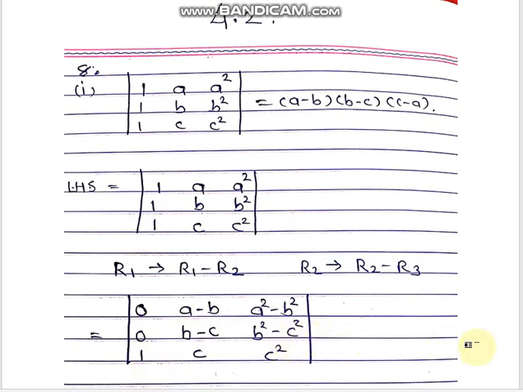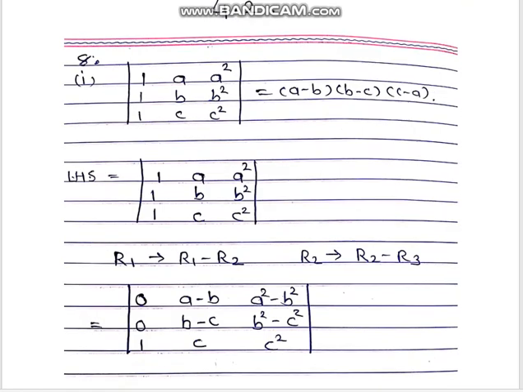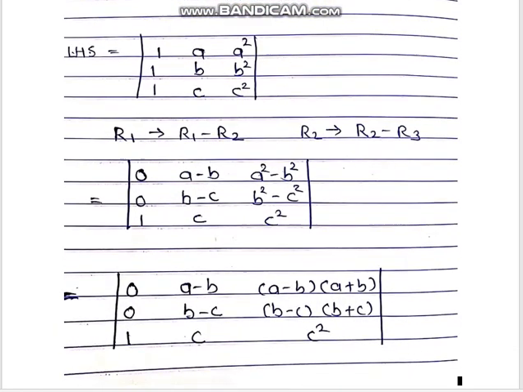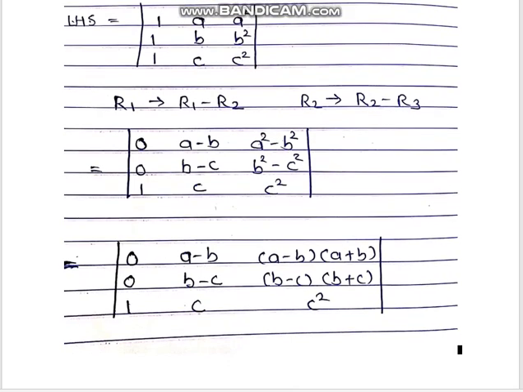Now further, if we factorize a square minus b square and b square minus c square, we will have a minus b, a plus b, and for b square minus c square we will have b minus c and b plus c. Now from 0 we can take anything common, because we can write 0 into a minus b.